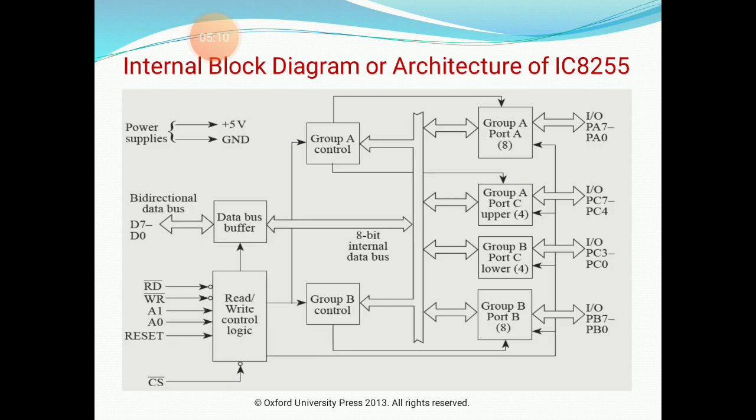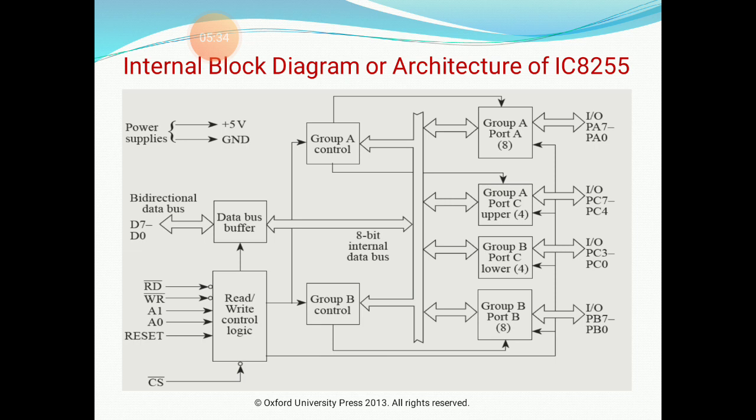Now let us see the internal block diagram or architecture of IC 8255. This block diagram consists of various blocks. Those are Group A Port A block, Group A Port C upper block, Group B Port C lower block, Group B Port B block.